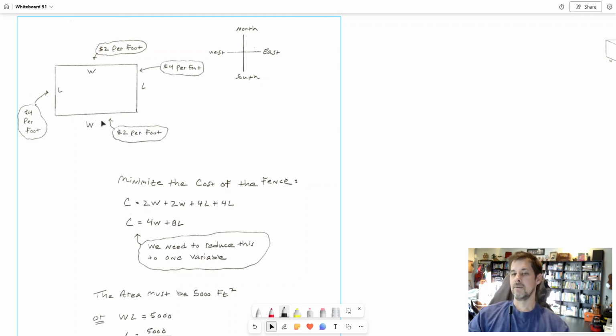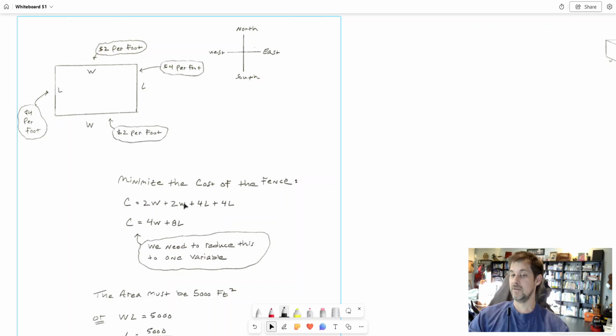So what you would do in general is take the cost per foot times the length in feet to get the total cost. So what I have here is 2W. 2W means $2 per foot times W, the length in feet, gives you the cost of that side.